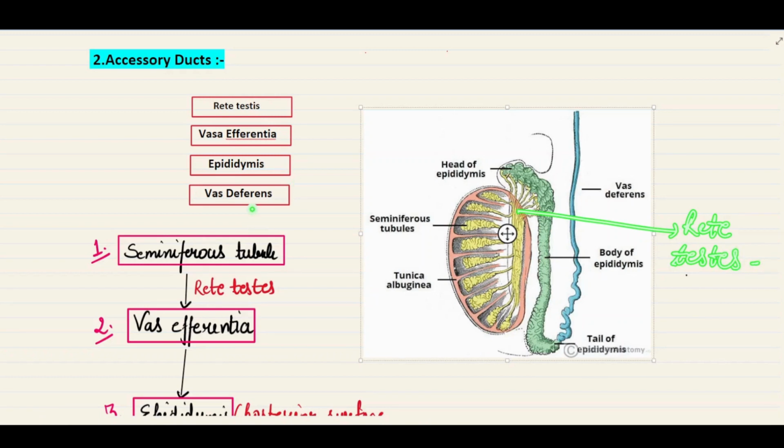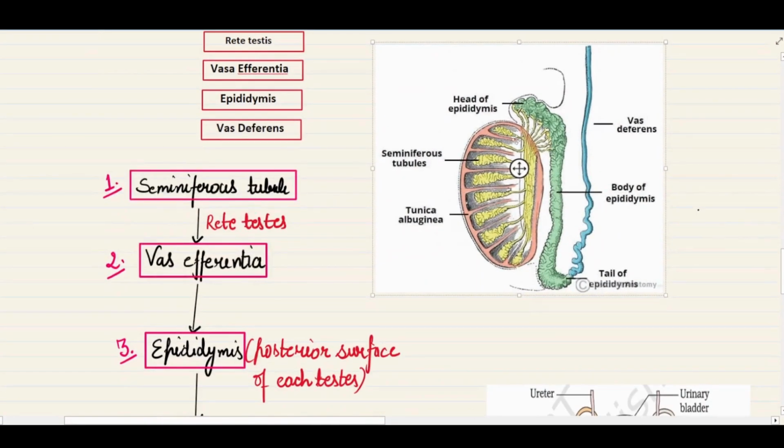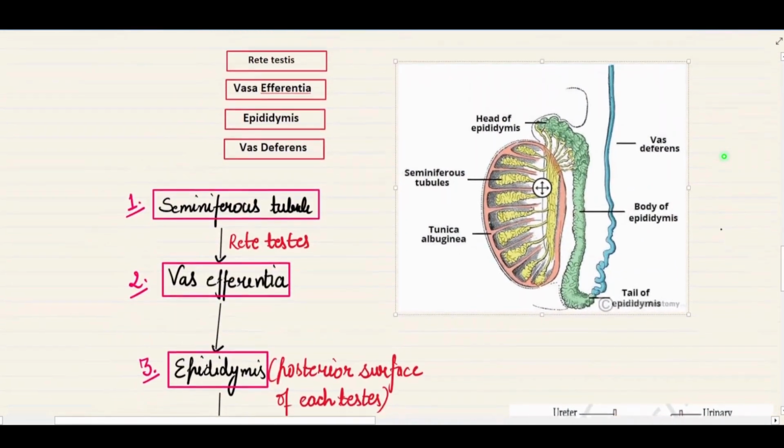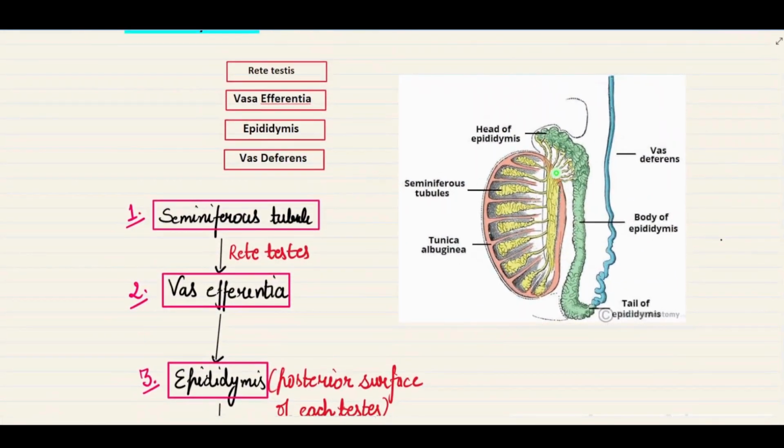Now, if we see by the flow chart, we know the seminiferous tubules open into the vasa efferentia through the rete testis. These seminiferous tubules open into these filamentous, capillary-like structures that are called the vasa efferentia.